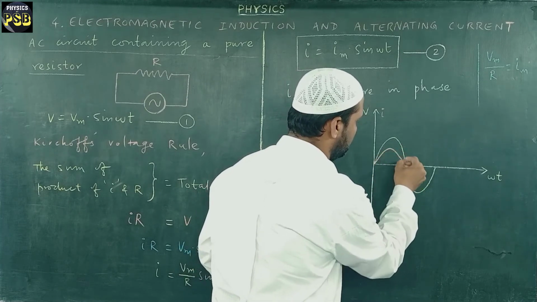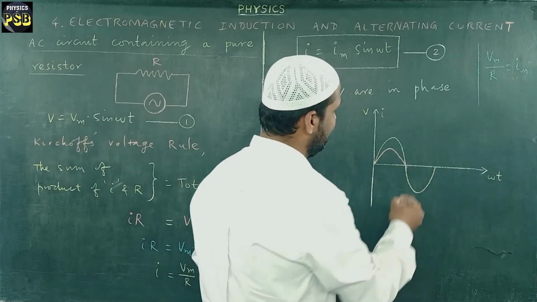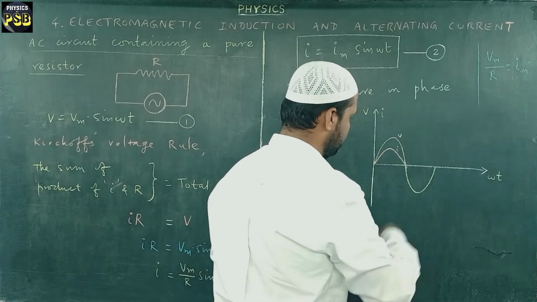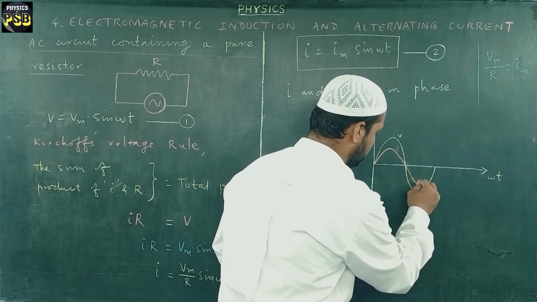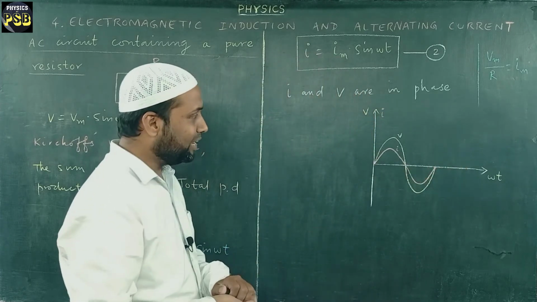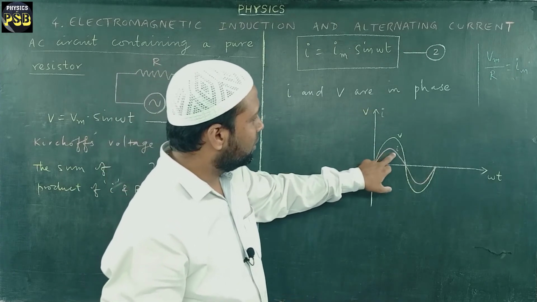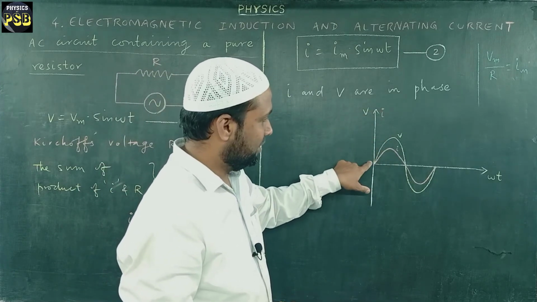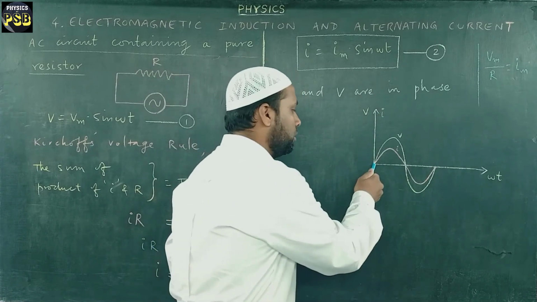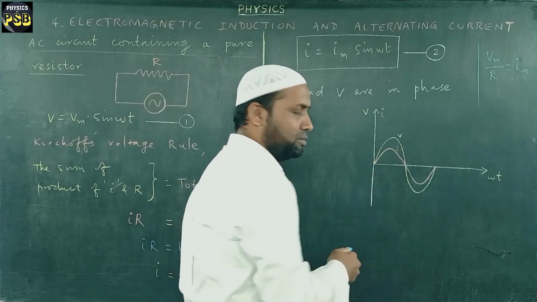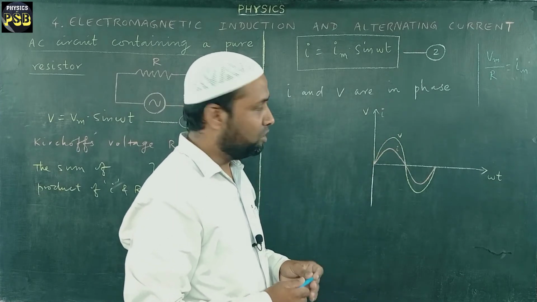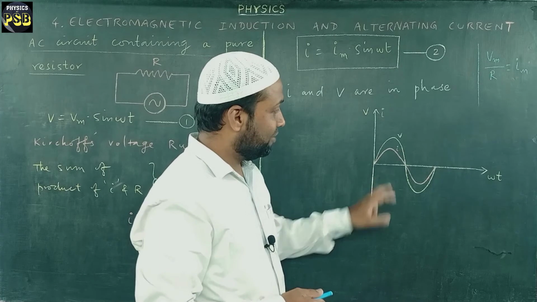This is the waveform that represents current I, and this represents the voltage V. This waveform diagram clearly shows that the starting point of current and voltage is the same. So from this we understand that the minima and the maxima of current and voltage vary simultaneously.